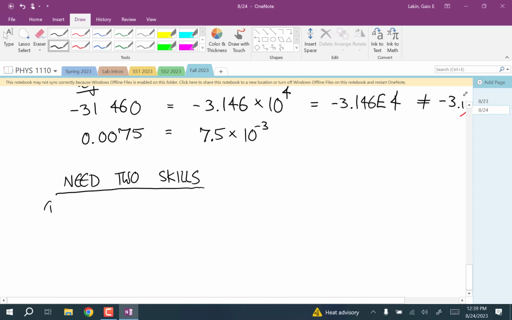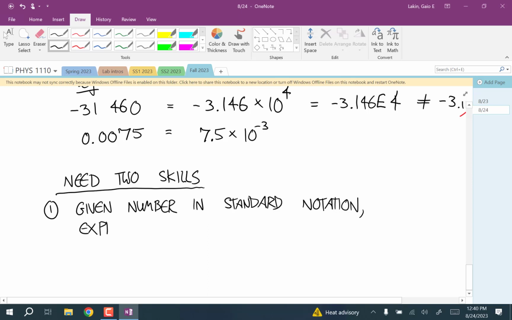The first skill: if you're given a number in standard notation, express it in scientific notation.